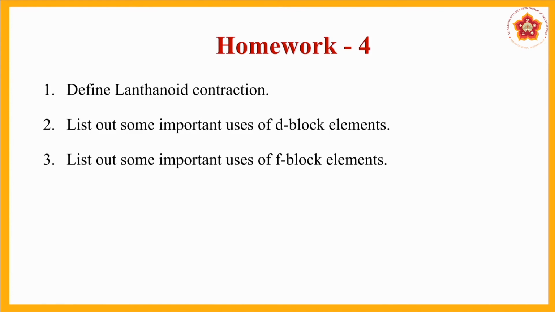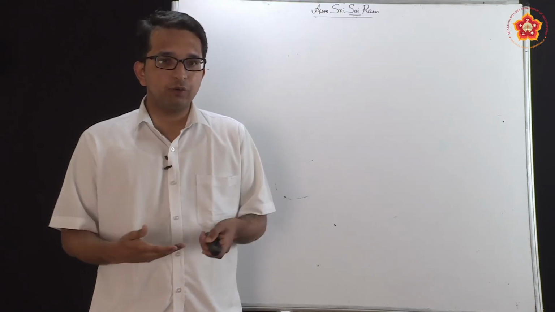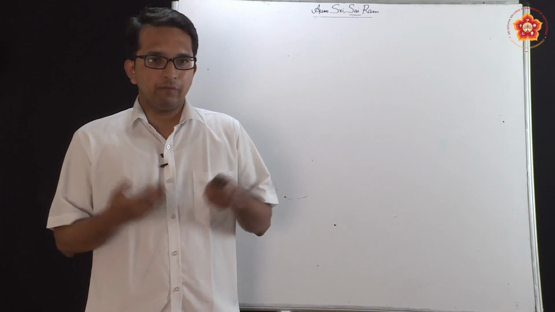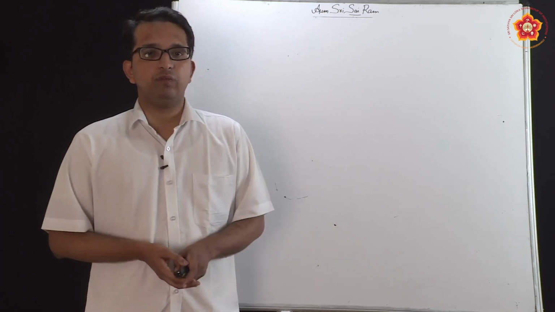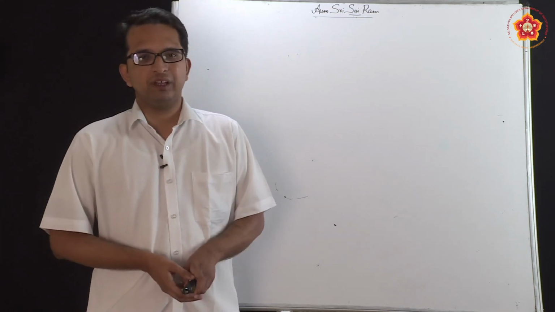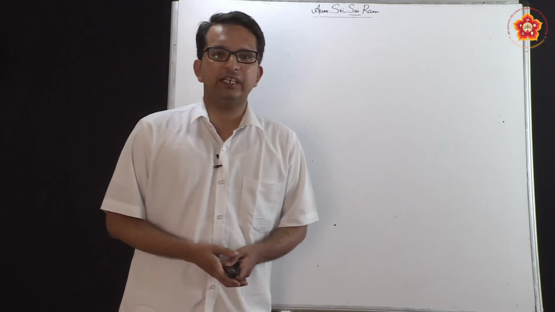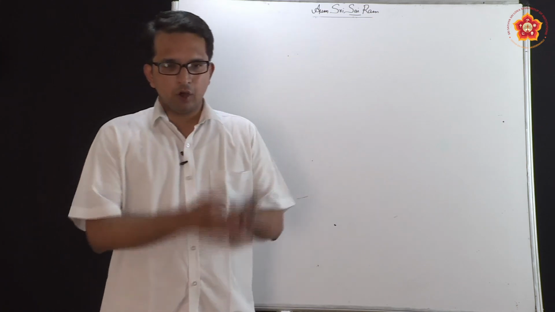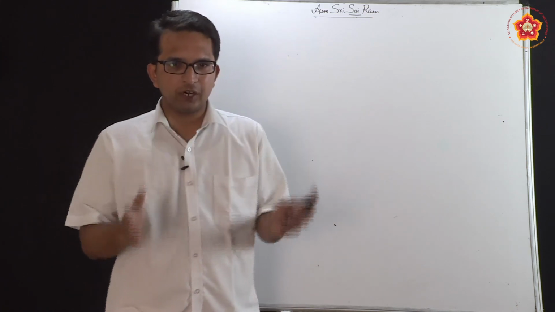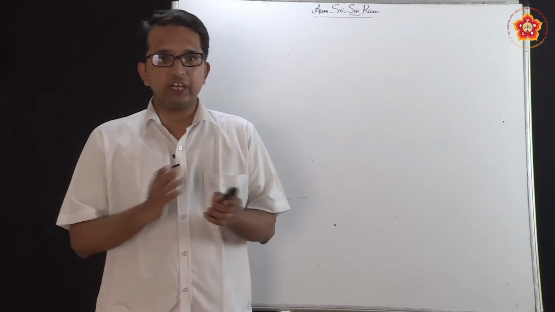When we discussed the applications, we discussed them together, but now try to sort out which elements of D block are of important use, and which elements of F block are of important use. So this is all that we have for this entire chapter, which comprised the starting study of the periodic table with respect to D and F block elements.